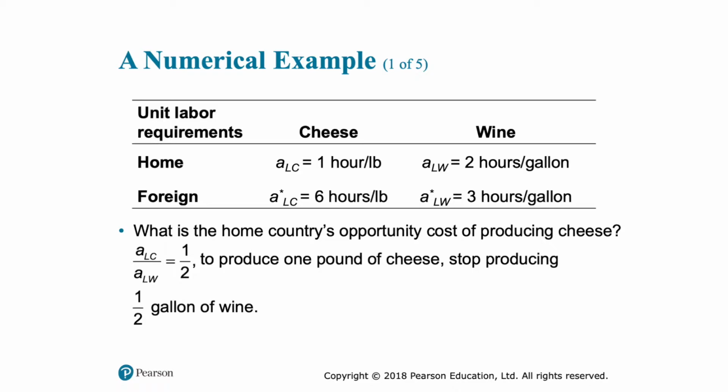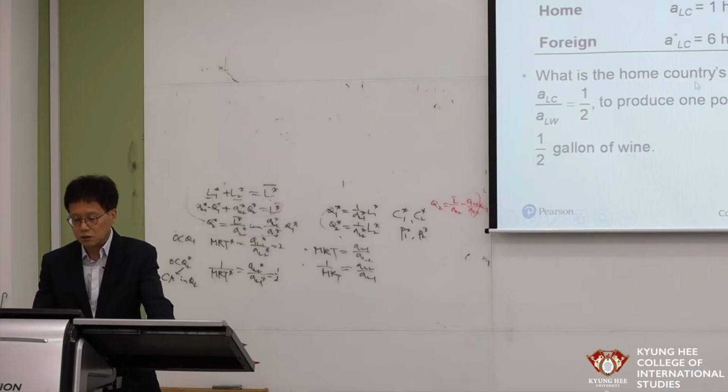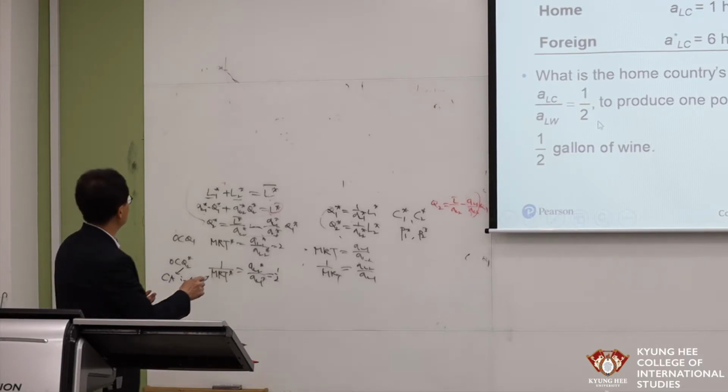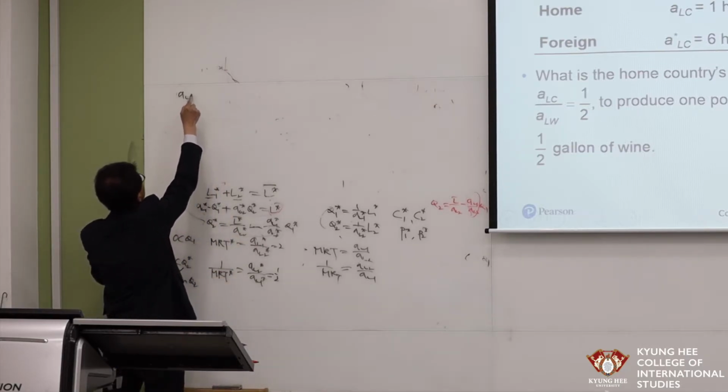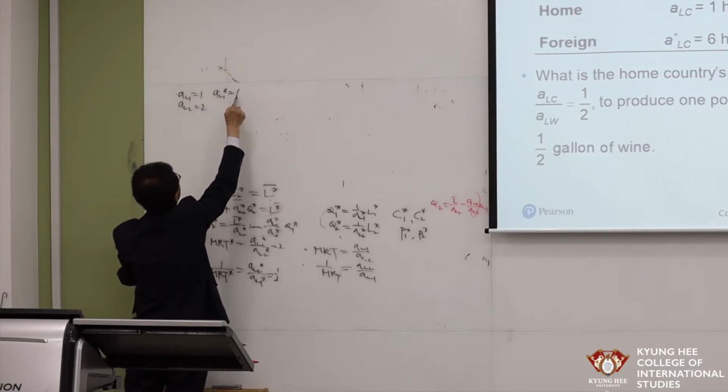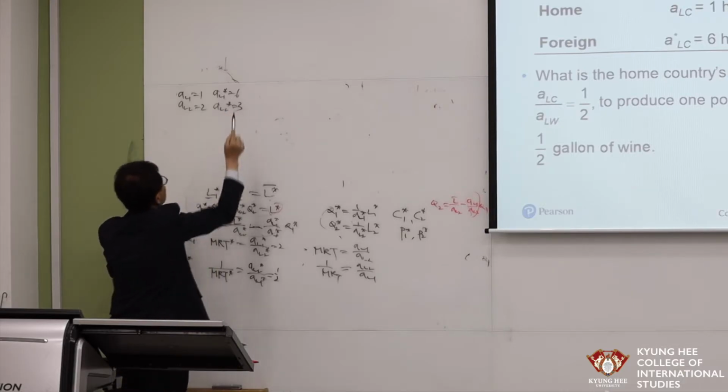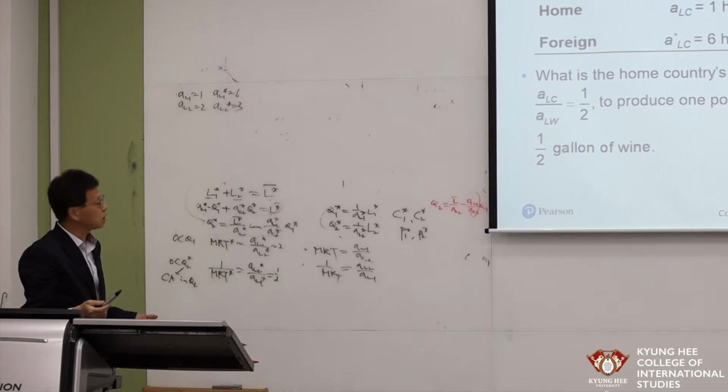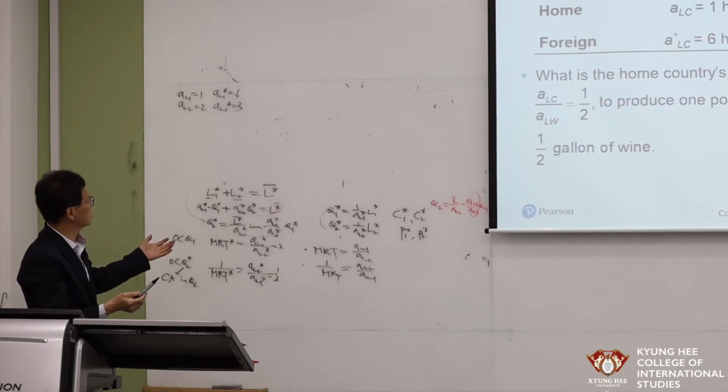Okay, numerical example, section 6. So here, AL1 is 1, AL2 is 2, AL1 star is 6, AL2 star is 3. What is the home country's opportunity cost of producing cheese? Half, like this, right? Then we can construct the production functions of home and foreign simultaneously.